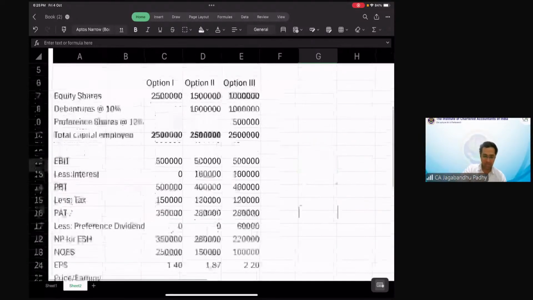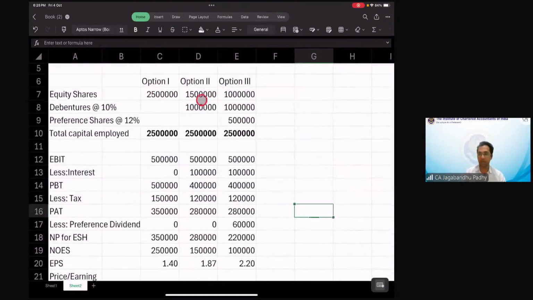Now in this case, option 1, 2, 3, where do you feel that P/E ratio will be high, or where do you feel that shareholders are going to have a higher degree of confidence in the company? I'm not talking of profitability, guys.